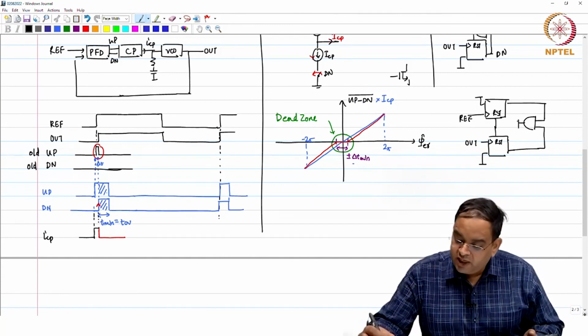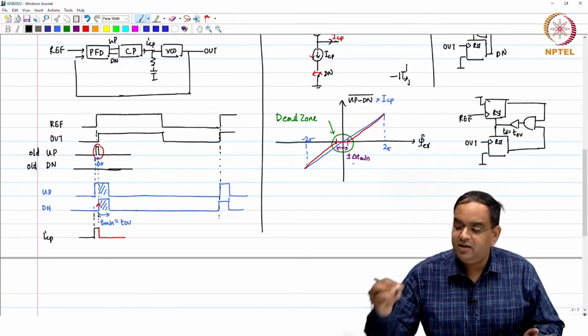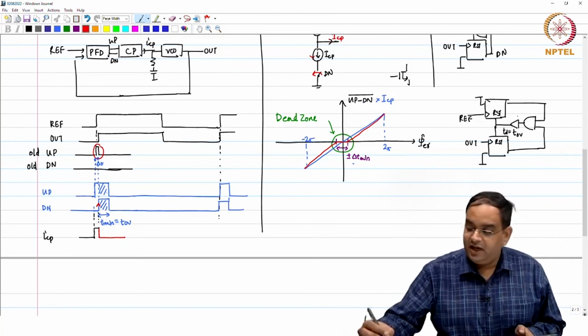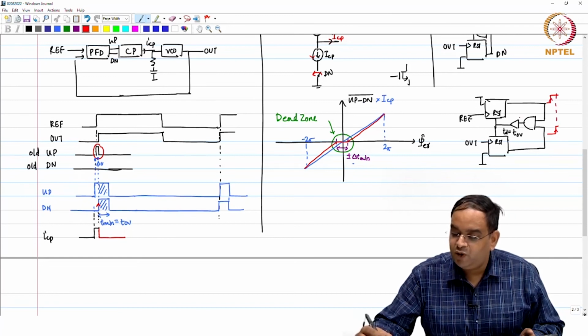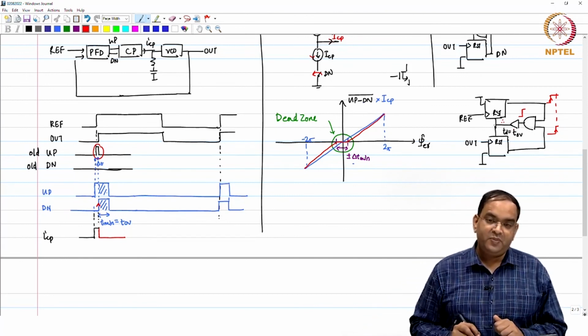So, what do I do? I introduce a delay of value T overlap. Delay TD is equal to T overlap. If I introduce the delay in this path, then as soon as this goes high, the NAND output will go high, and because of the delay here, the reset pulse is delayed. Okay.